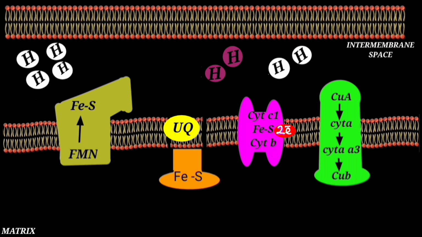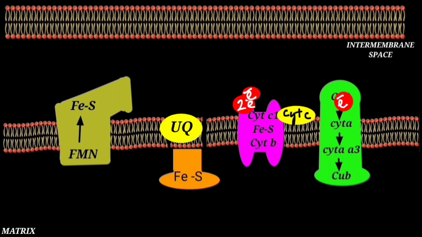The electrons are now transferred from the iron sulfur cluster to cytochrome c1. In between complex 3 and 4, we have a mobile electron carrier called cytochrome c. This cytochrome c carries a single electron at a time from complex 3 to complex 4.